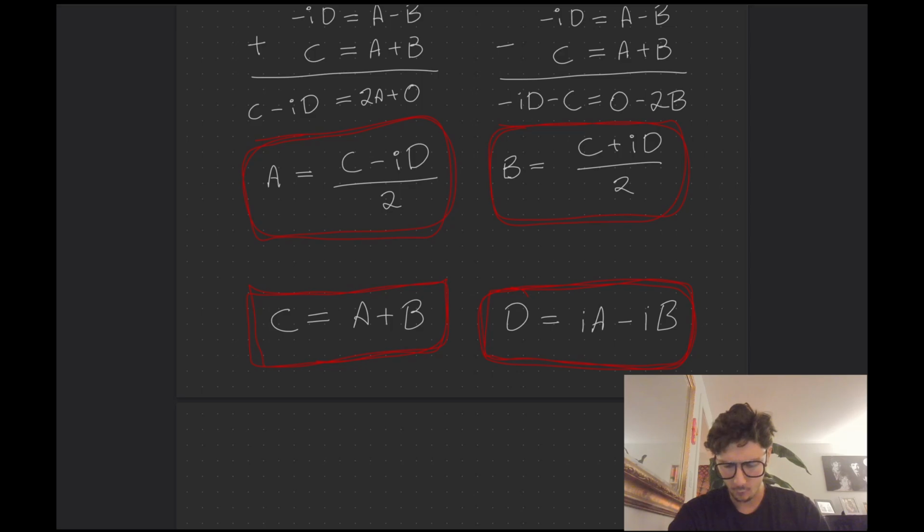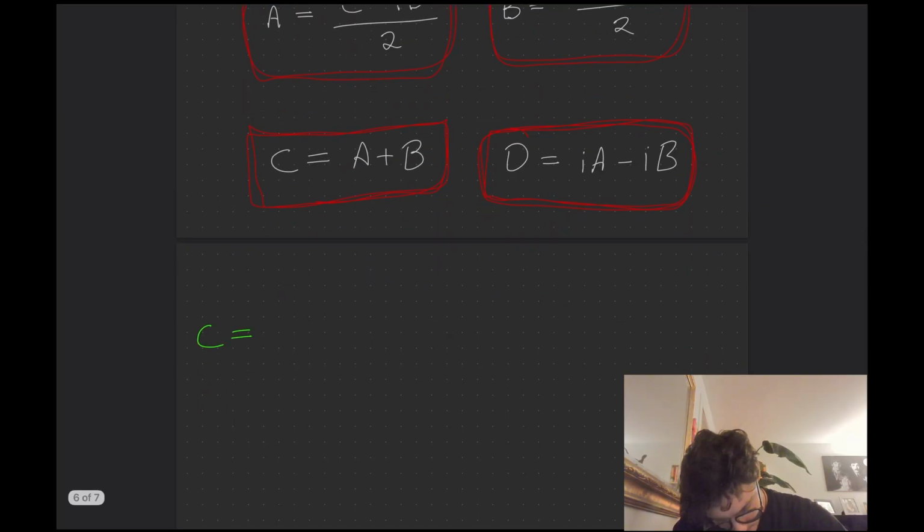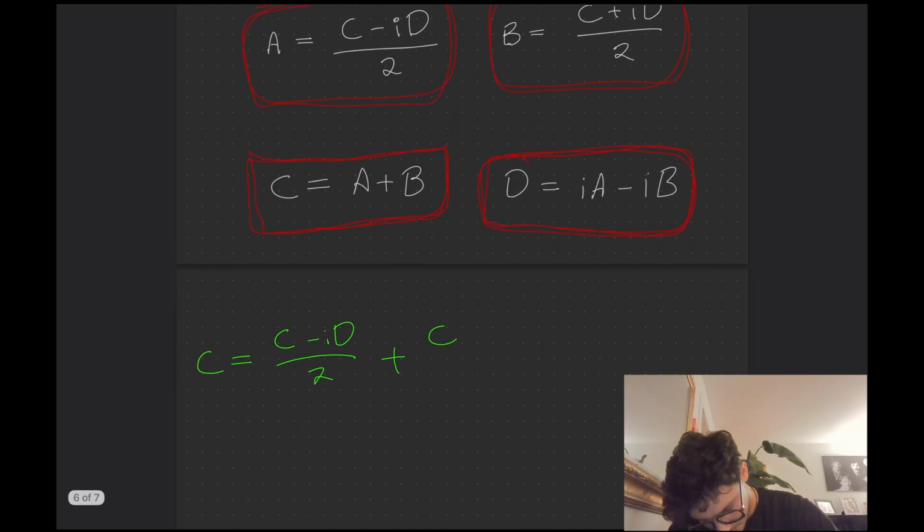But we got four equations now, and what we could do is plug them into each other to see if it works out. So let's plug A and B into C. This is going to be the check in green. C is equal to A, which is C minus ID over 2, plus B, which is C plus ID over 2.